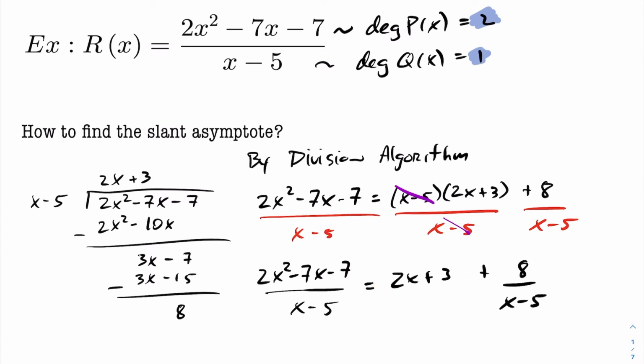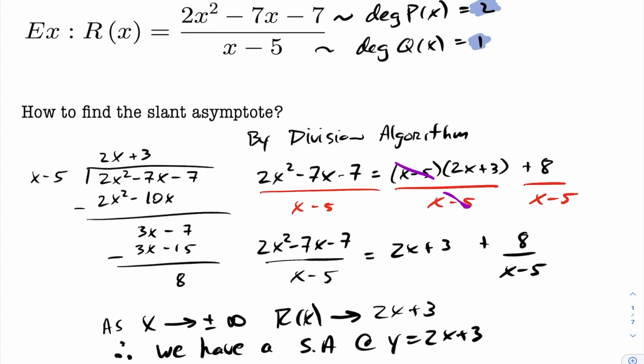The reason for that is as x gets infinitely large or infinitely small, 8 over x minus 5 will approach 0. Therefore, our rational function will just approach the line 2x plus 3. To summarize, as x gets infinitely large or infinitely small, our rational function is approaching the line 2x plus 3, and that becomes our slant asymptote.